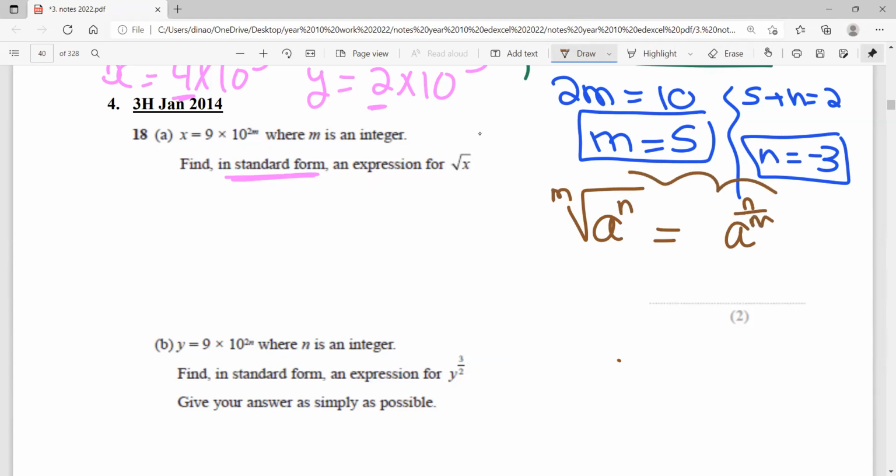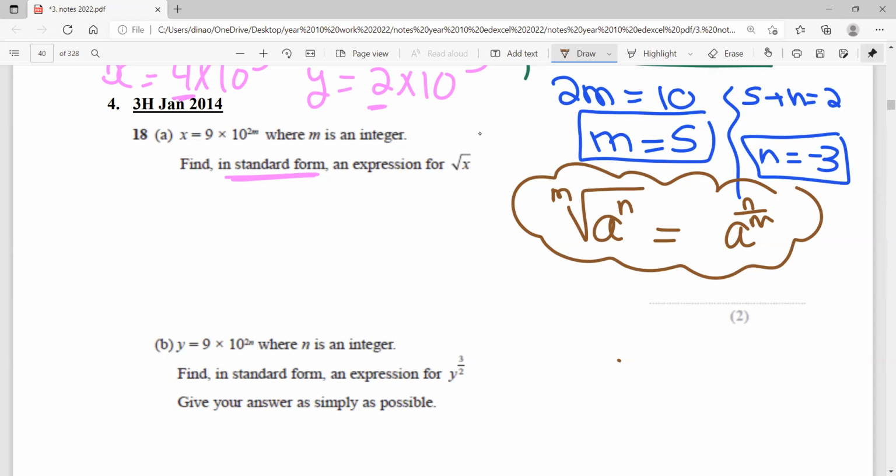Please don't forget this. Any root can be replaced by a fraction power. This fraction is the inner power divided by the outer. In over out.